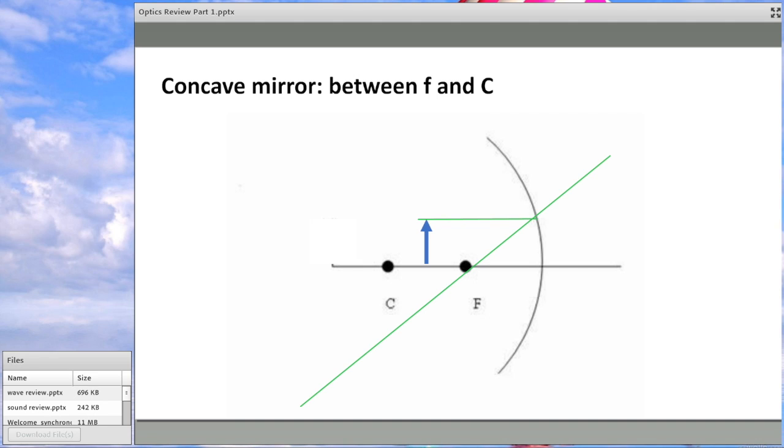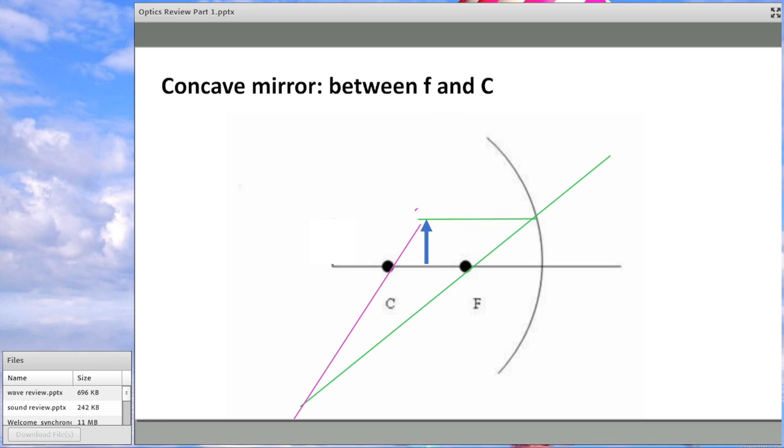Okay. Then I'm going to do the next one. Remember that one that goes through the center of curvature? It's going to go through the center of curvature, and it's going to hit the top of our image. So basically, you want it to kind of go up here. Just pretend that it's hitting the top, because this isn't very exact.